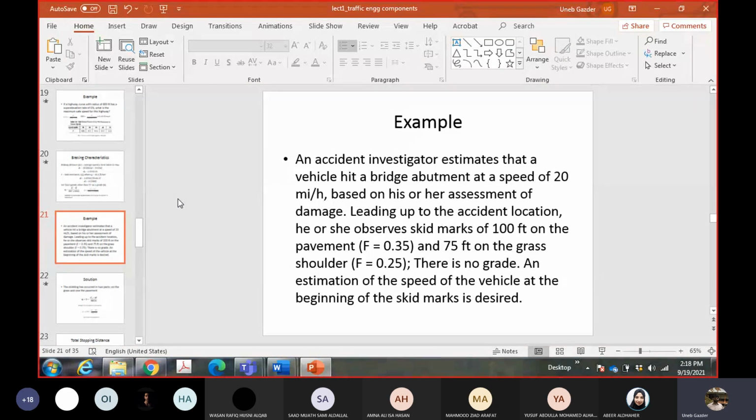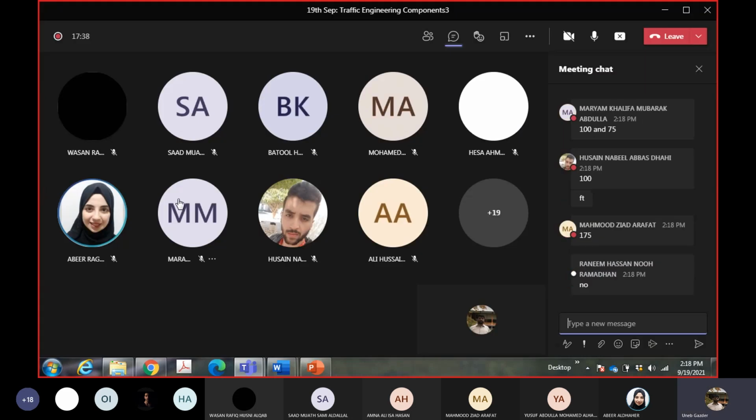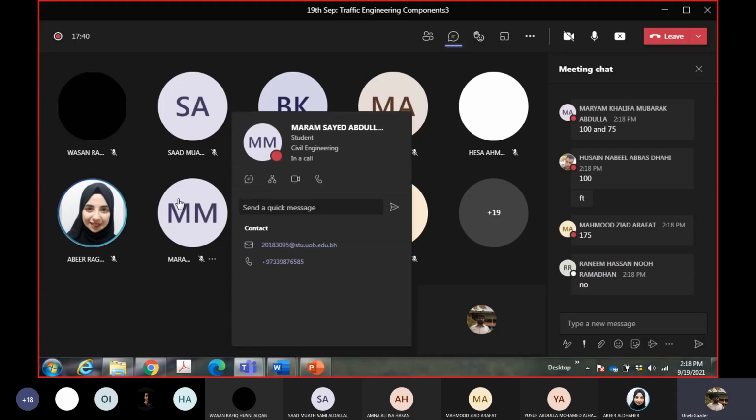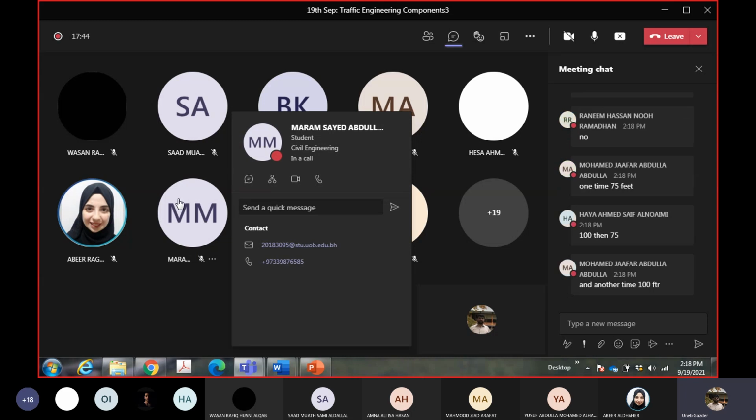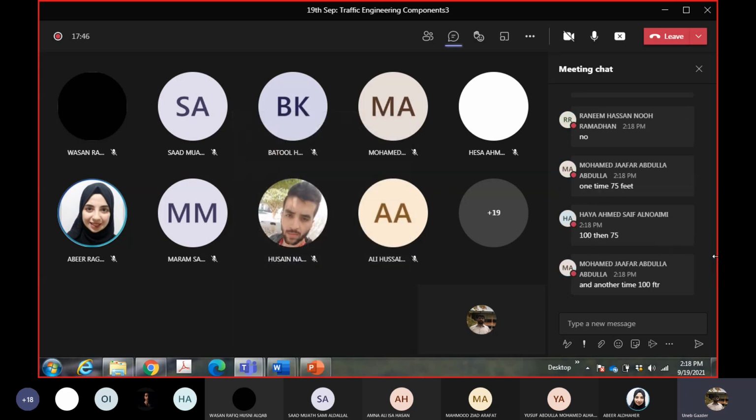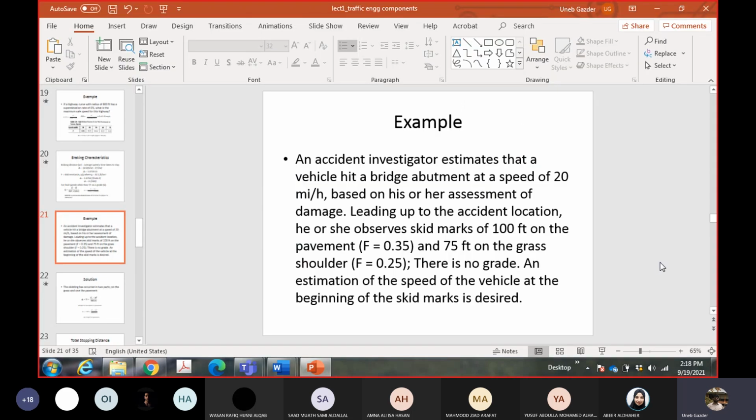Should I put only 100 feet? Should I put 75 feet? Yes, 175 feet, because of two different f values. Yes, you are correct. So some of you got the idea.